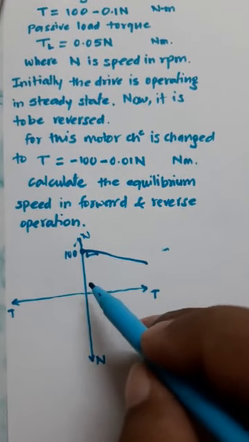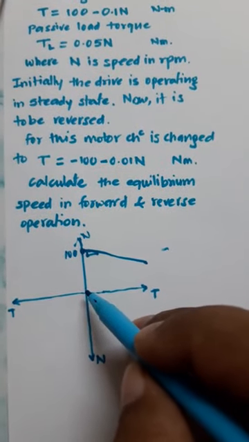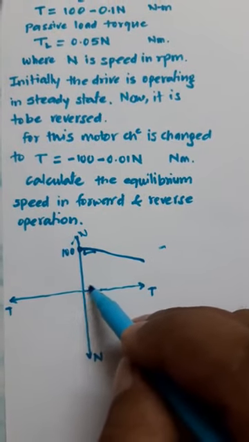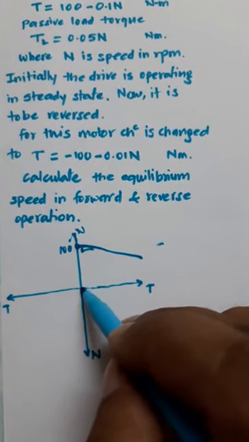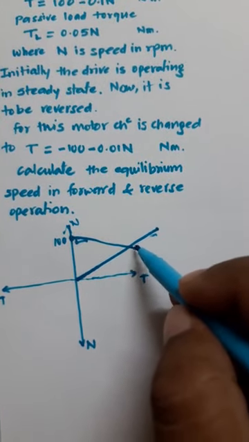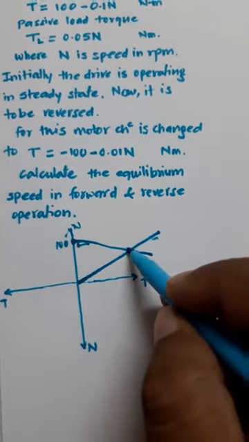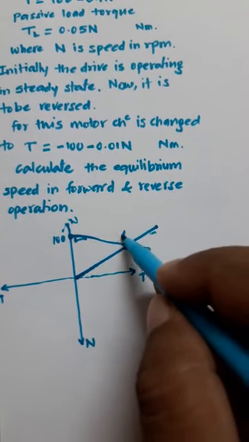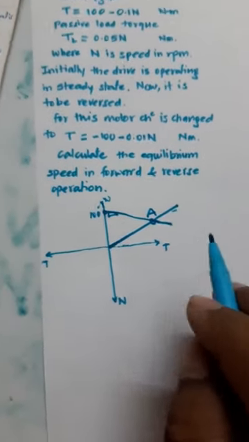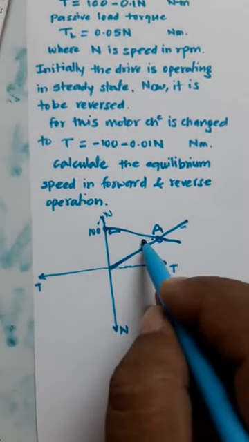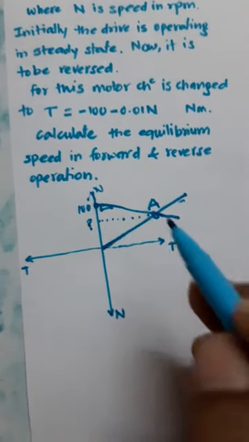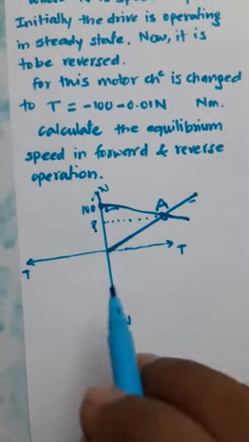Then the load torque, it is passing through origin. So let's say it is like this. This line will be passing through origin. So this is the operating point A in motoring quadrant. It is asked to calculate equilibrium speed. Then motor is reversed.